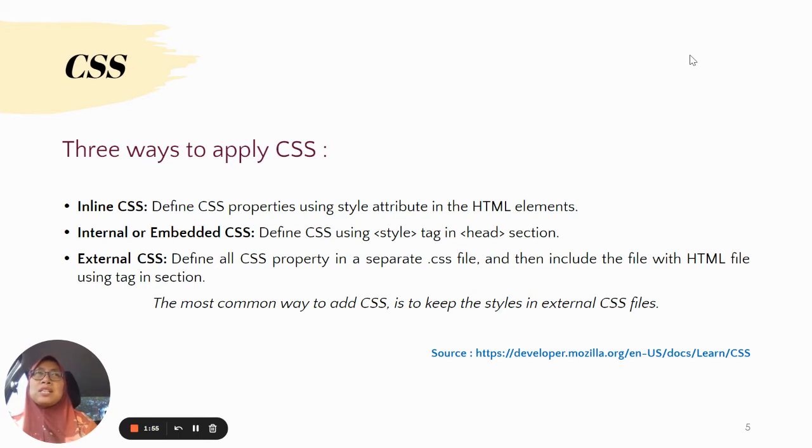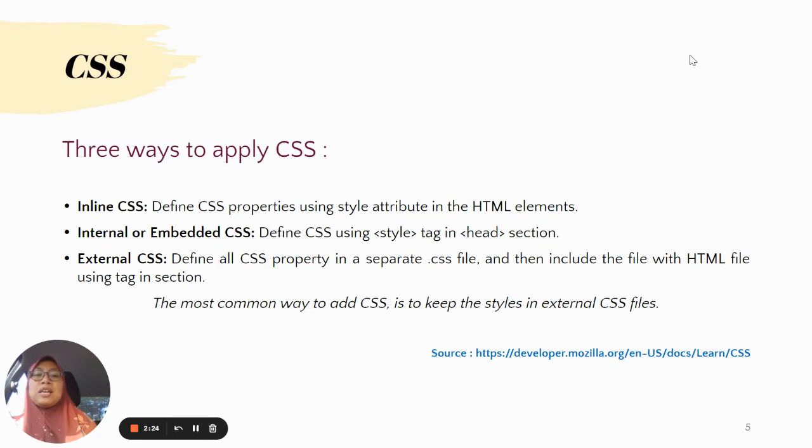You could use inline CSS, internal or embedded CSS, and external CSS. You can use all three ways at the same time, though most commonly people will use external CSS, but sometimes they use external CSS and also inline and internal CSS. The previous examples I showed you are examples of internal or embedded CSS.